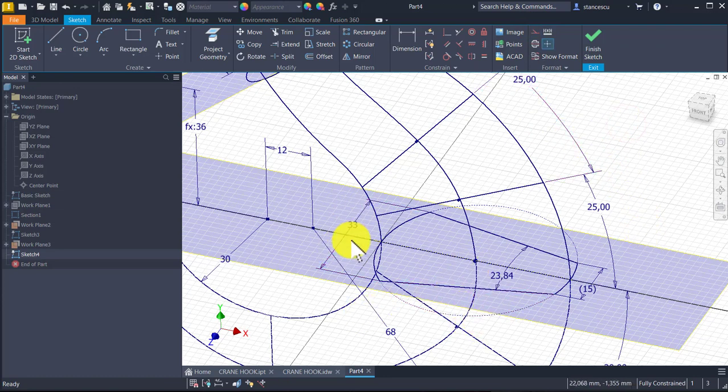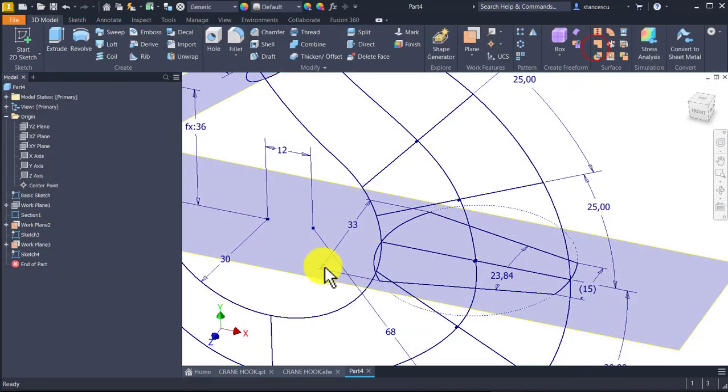Now we know 33 and cut angle, cut angle as the name of this dimension. 15 we forgot. Finish sketch.